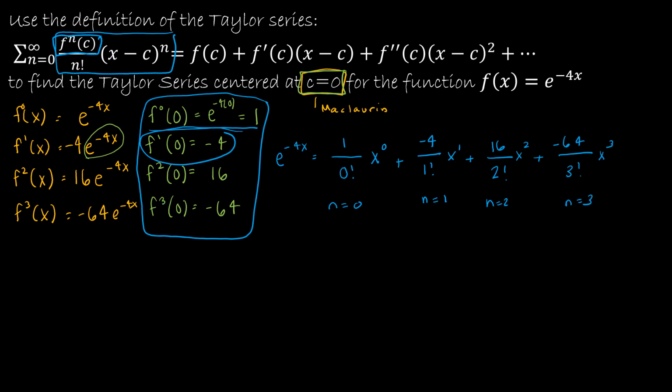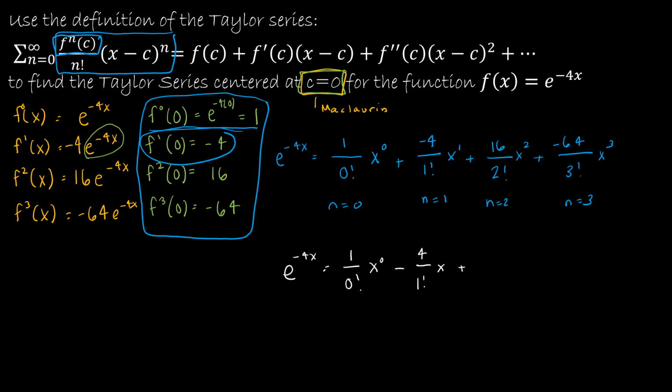Now what I'm trying to do is write it as a summation. So I just want to simplify the pattern that I'm finding. So let's do a little bit of simplification. e to the negative 4x. My first value is 1 over 0 factorial x to the 0. My second value is now minus 4 over 1 factorial x.